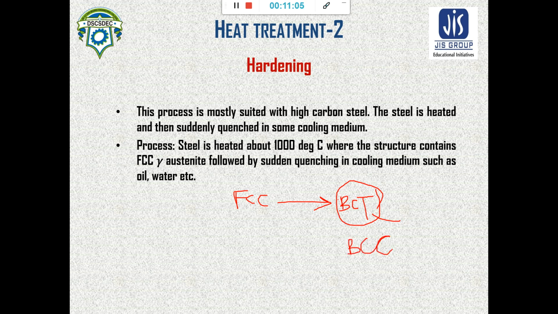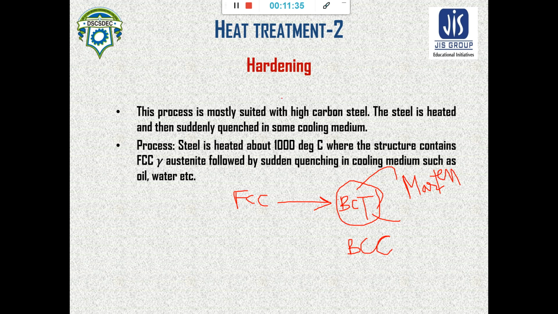This BCT structure is retained due to fast cooling, and this BCT structure iron is called martensite. So in case of hardening, martensite formation can be seen.